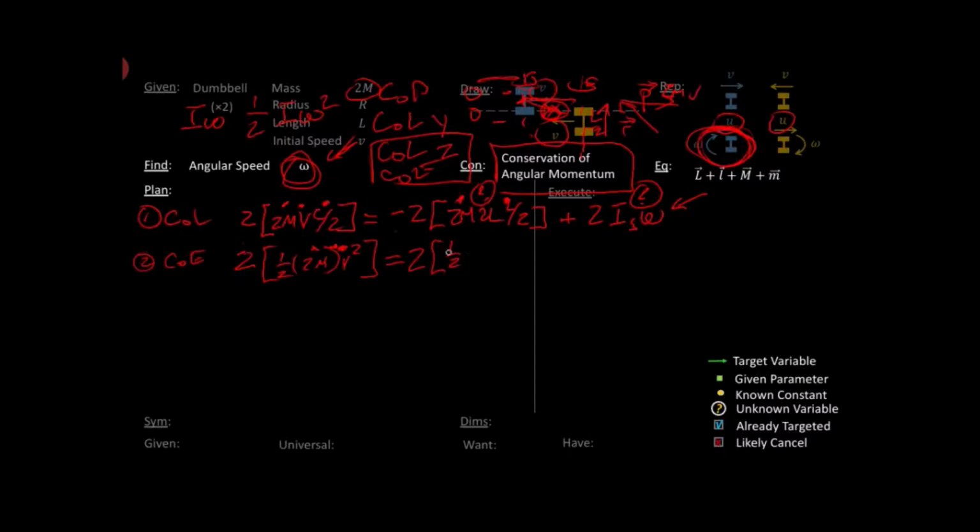Oh, I forgot the moment of inertia part. So we have the rotational inertia part times, I'm going to call it nu squared. And now that all is equal to the contributions from the dumbbells going backwards, exactly the same except with u.